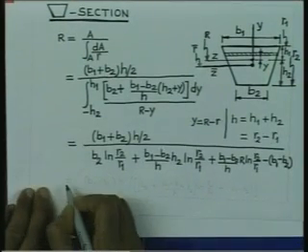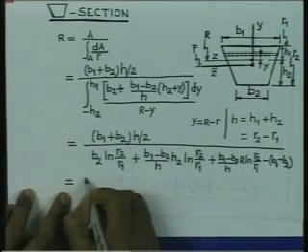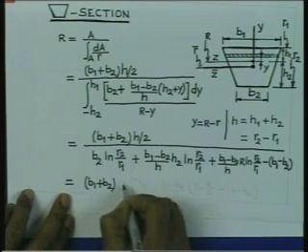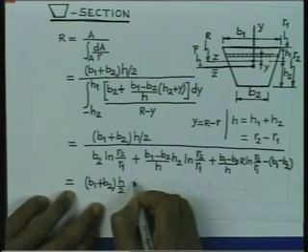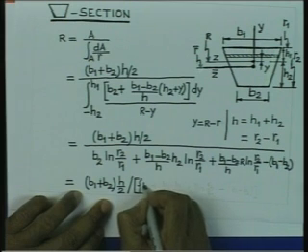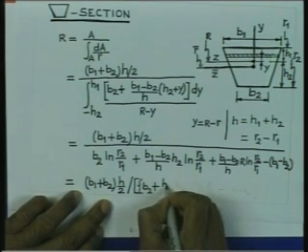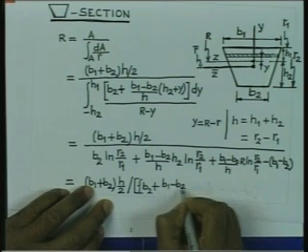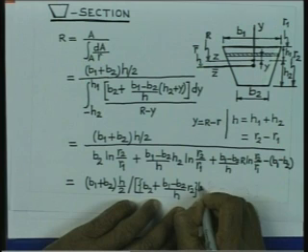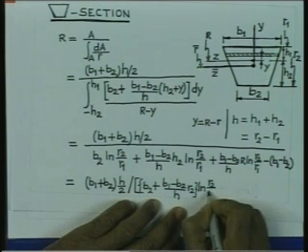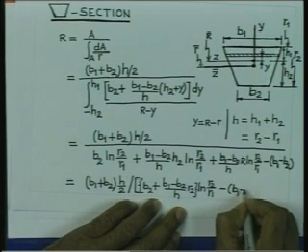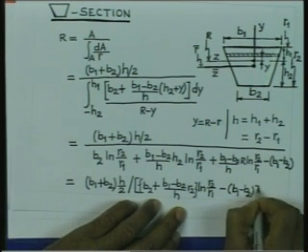So, finally, the radius of curvature for this section is going to be (B1 plus B2) H by 2 divided by B2 plus (B1 minus B2) by H R2 ln R2 by R1 minus (B1 minus B2).